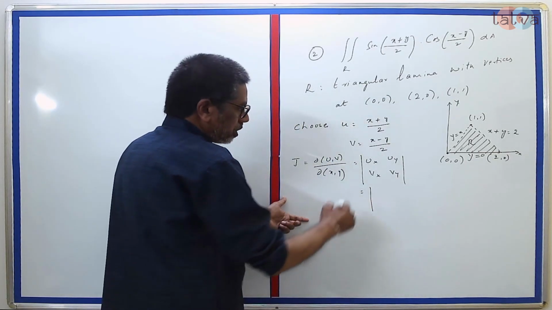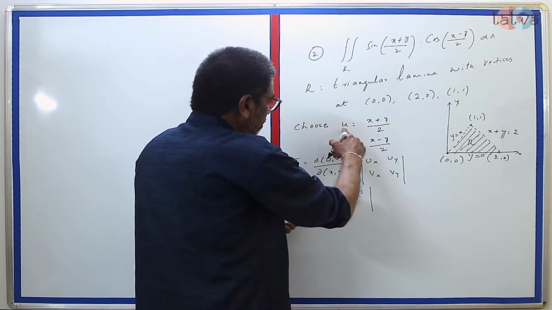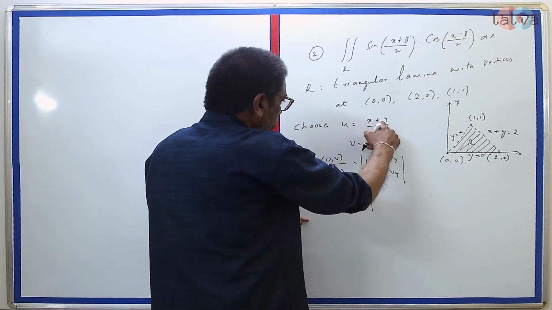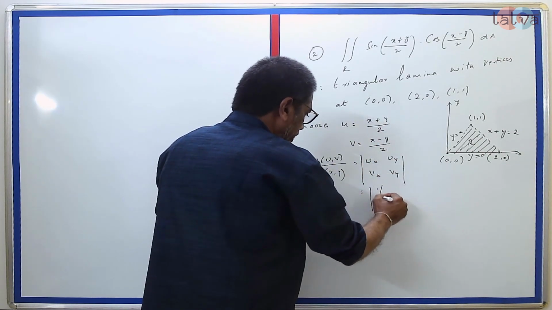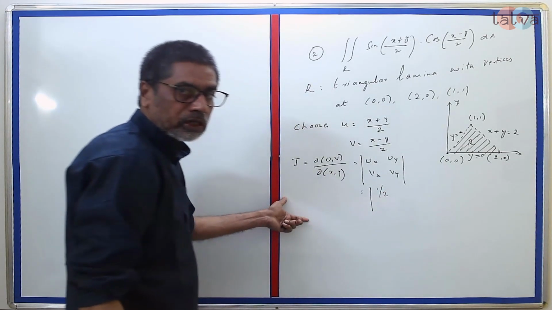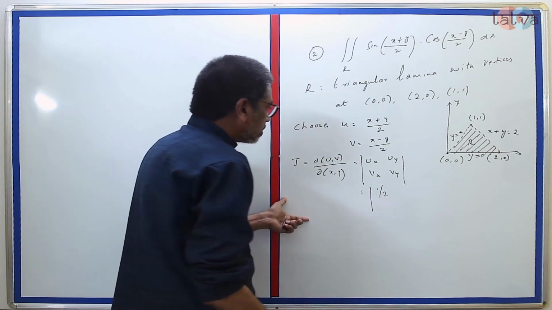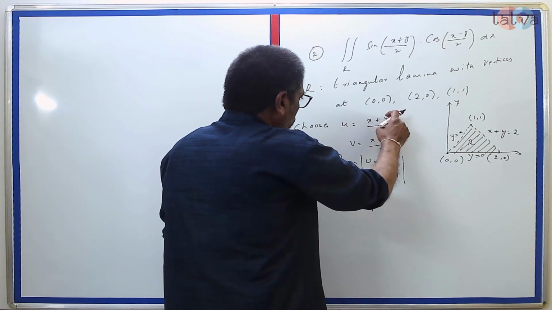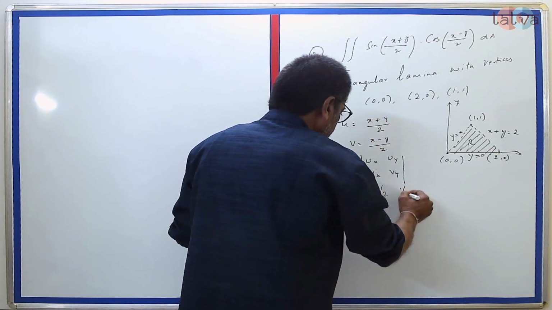Now, u_x is to differentiate u partially with respect to x. You get (1 plus 0)/2. So that would make it 1/2. Next, u_y, differentiate u partially with respect to y. (0 plus 1)/2. That is another 1/2.